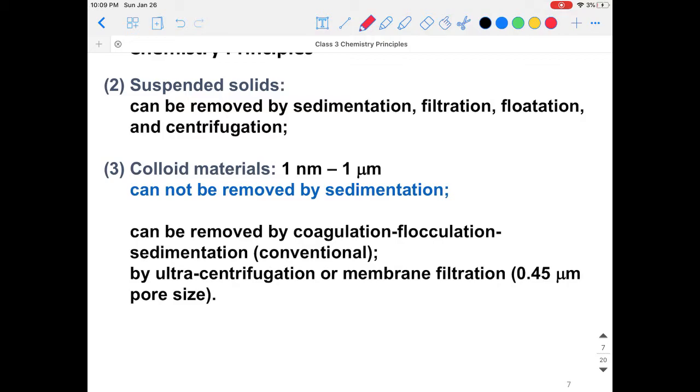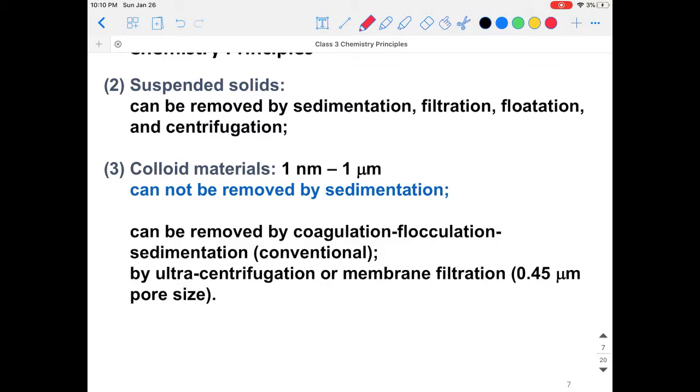And there can also be colloid materials. So what that means is that they are also categorized as solids, but they are in the range of 1 nanometer to 1 micrometer. And they cannot be easily removed by sedimentation because the mass of them, or the gravity on these small particles, is so small. So it's going to take a very, very long time for them to get removed by sedimentation, right?